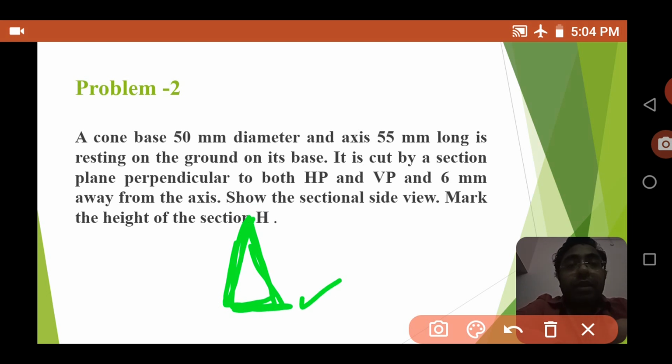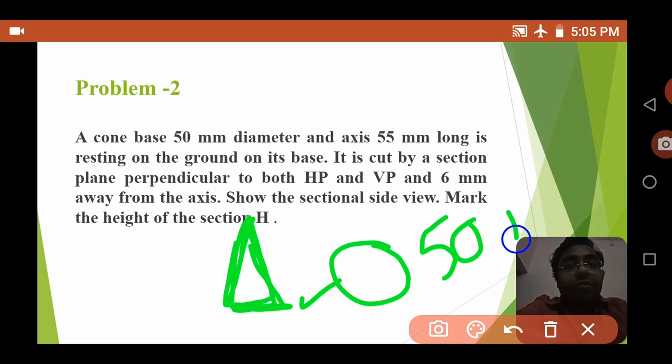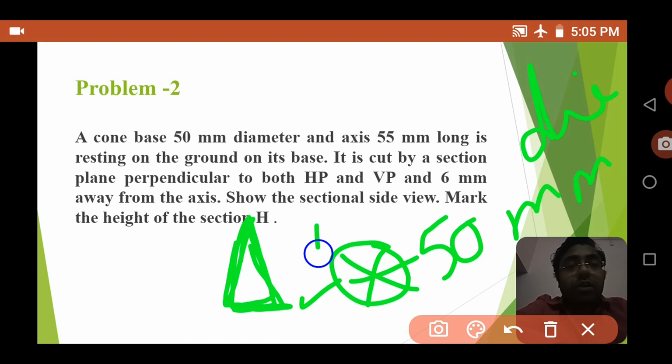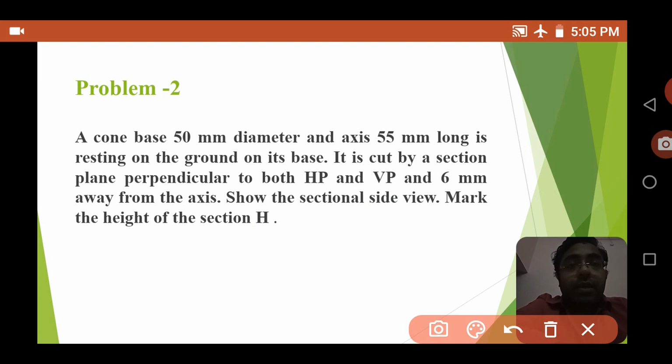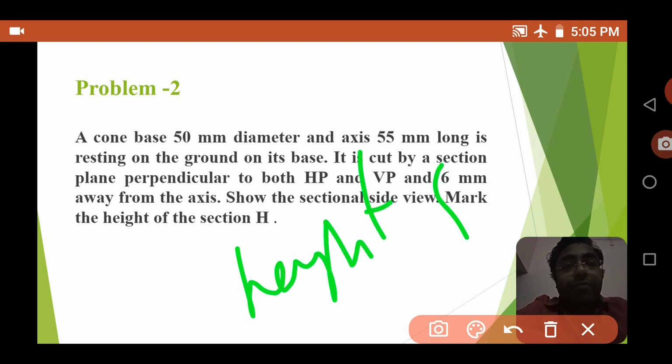Here you can see that it is round in shape, having a 50 mm diameter. So this is the diameter. Now it says that its axis is 55 mm long, so its height is 55.